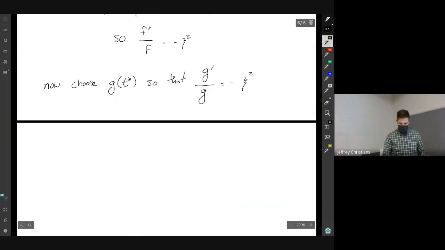So we already said this is going to be an exponential, but we needed an exponential so that when we take the first derivative, we get an extra c squared in it.